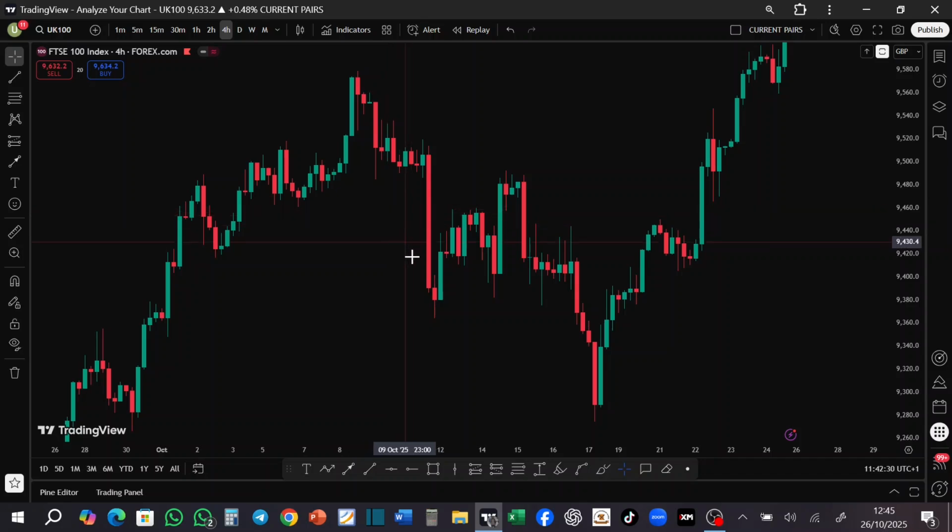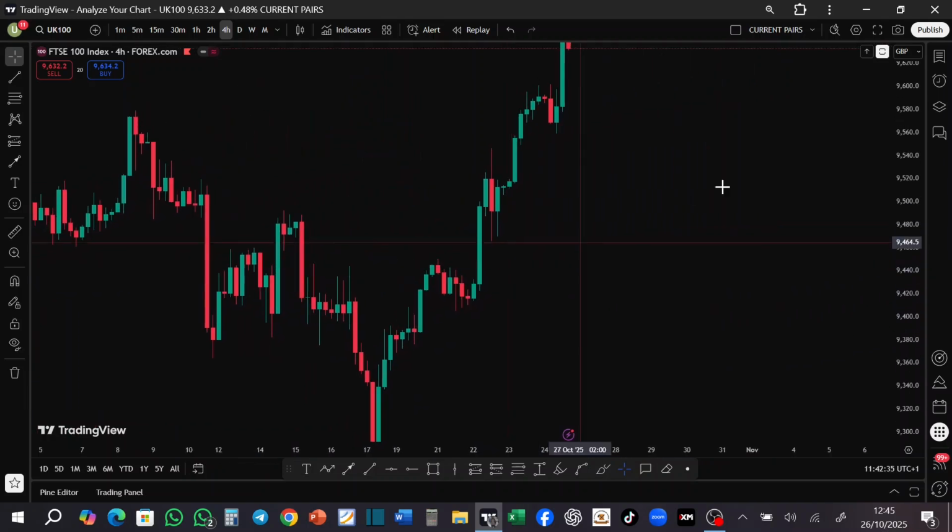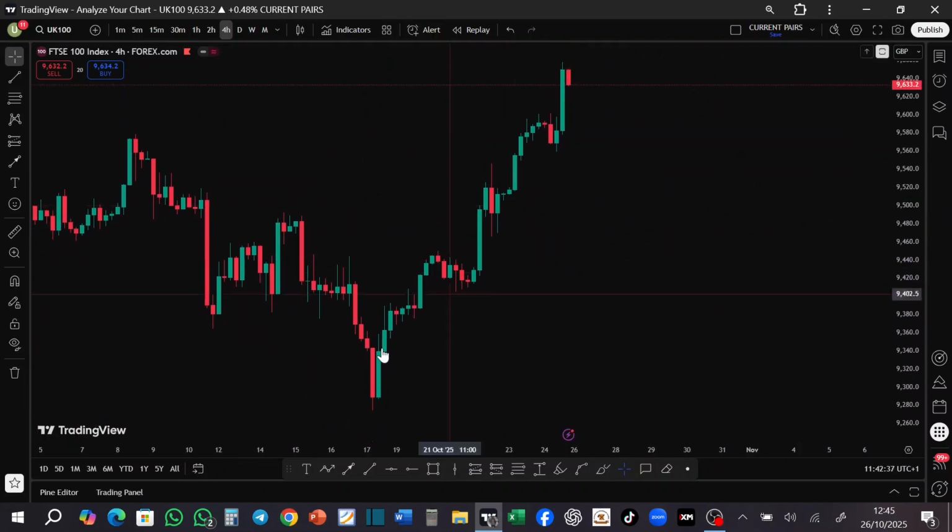Okay, so the candlesticks are showing price movement in the real world. Like these red candlesticks here, they show decrease in price movement, and then these green candlesticks which are going upward, they show price increase in the real world.